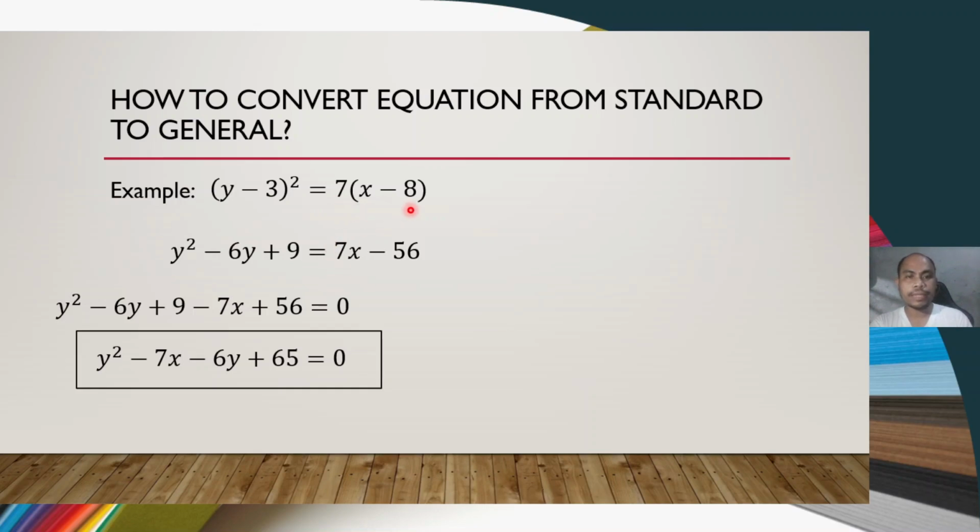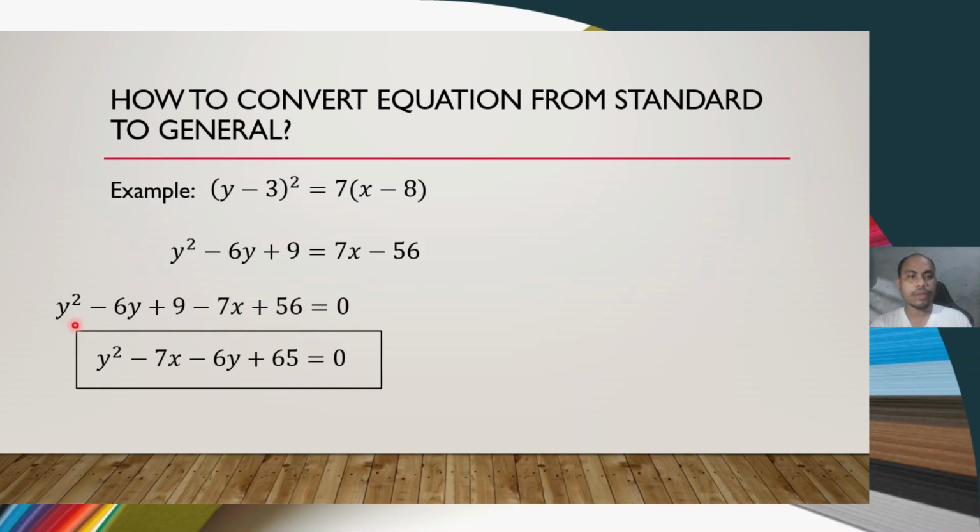And 7 times negative 8, we have negative 56. And then, lahat ng mga terms, ita-transfer natin lahat sa left side. So, mangyayari, we have y squared minus 6y plus 9. Tapos, yung 7x, magiging negative 7x siya, yung negative 56 naman magiging positive 56 equals to 0.